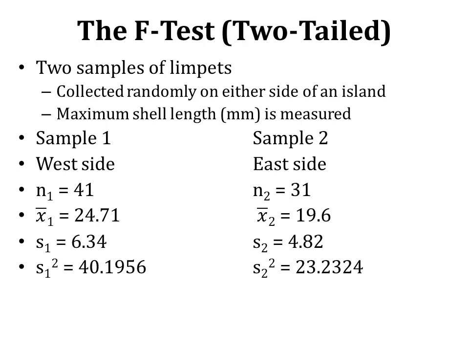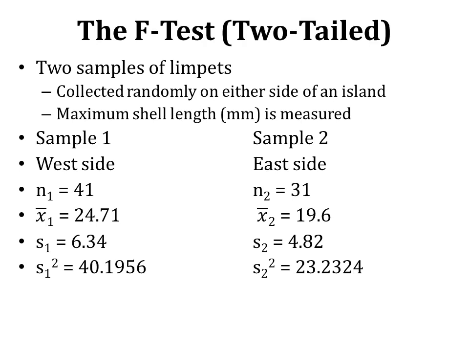The mean shell length is 24.71 millimeters on the west side and 19.6 millimeters on the east side. The standard deviation is 6.34 millimeters for the west side and 4.82 millimeters for the east side.